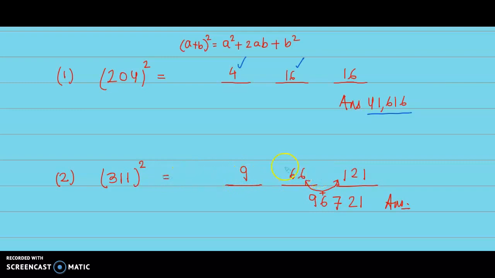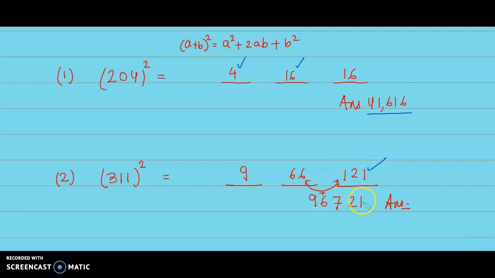So 11 square is 121 and 2 times A times B is 11 times 3, that is 33, times 2 is 66. Now the important thing here is that you can see there are three digits here.